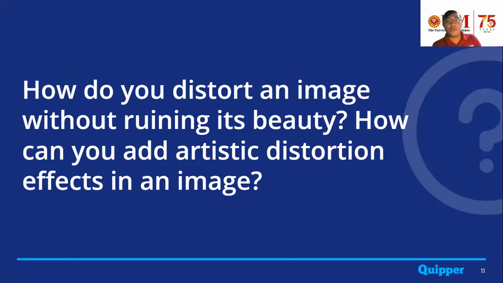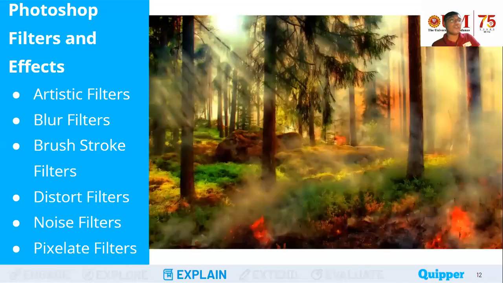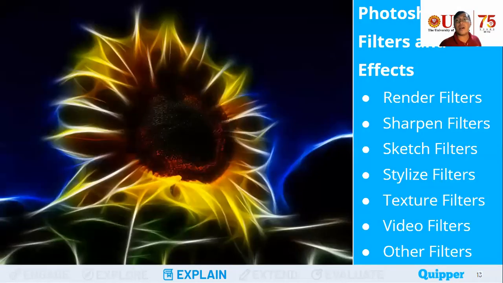Okay, so next one, we have here Photoshop filters and effects. So ginatawag na artistic filters, blur filters, brush stroke filters, distort filters, noise filters, and pixelate filters. The others: render, sharpen, sketch, stylize, texture, and video, and other filters we can also use.